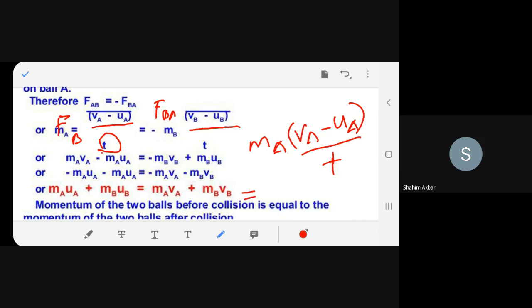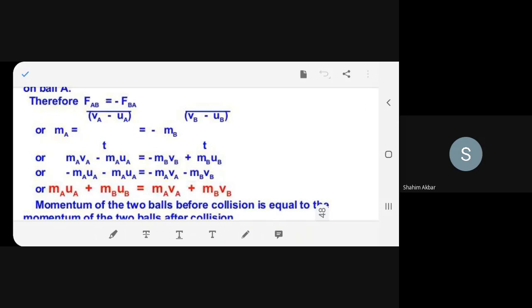Now we will elaborate, because this T and this T get cancelled. Is it clear? So it will become MA VA minus MA UA. This is what you get over here. I'll do it again to make it clear to you.